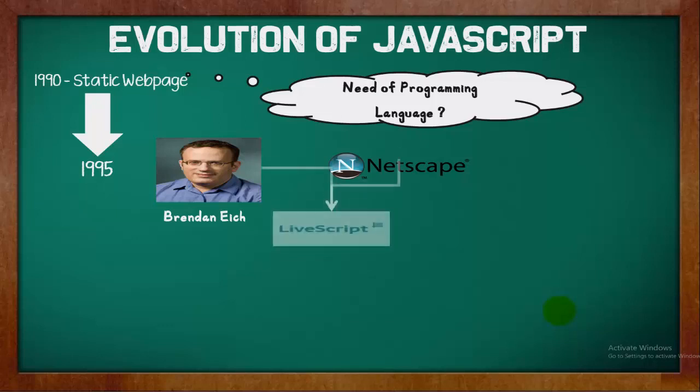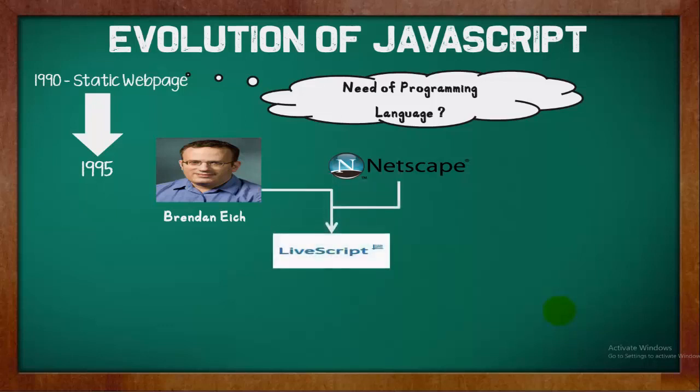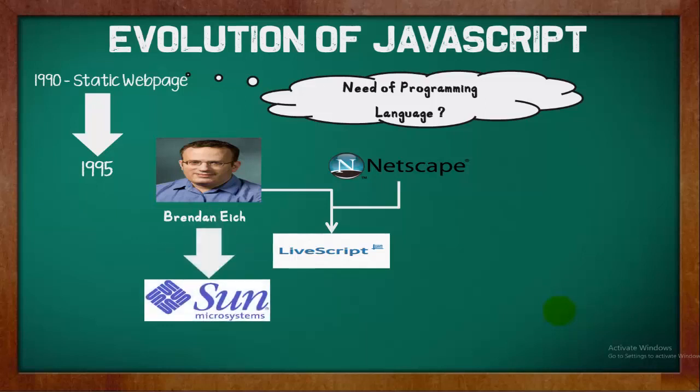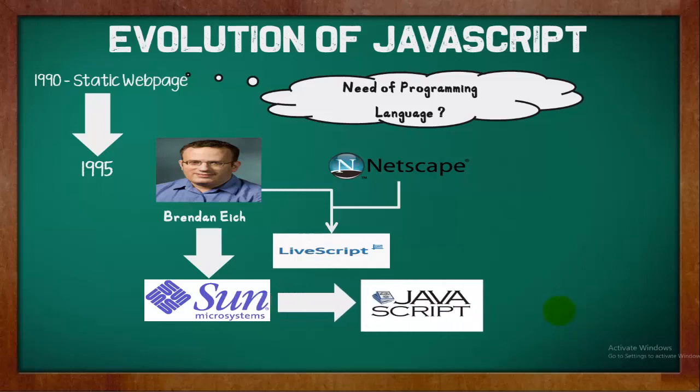So we'll create a new concept known as JavaScript, a scripting language which can be embedded inside the web page, and people start using programming methodologies in the website. So he was the forefather of JavaScript. Later, Sun Microsystems acquired that LiveScript concept and converted the name LiveScript into JavaScript. This is how JavaScript arose.